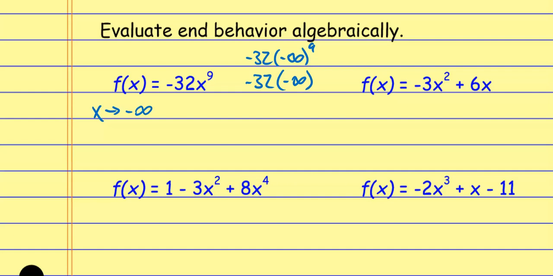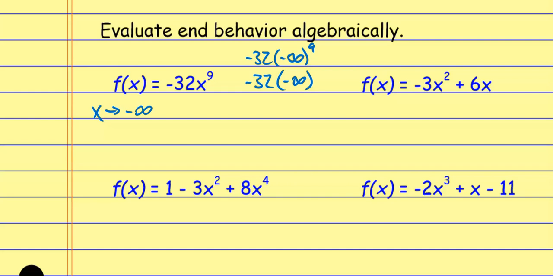And now right here, once again, negative times a negative, we know that's a positive. With infinity, it works the same way. It's going to be a positive infinity, but think about it. If I have bigger and bigger negative values and I plug those in, negative 1 times negative 32 is a positive 32. Let's go closer to negative infinity. Negative 2 times a negative 32 is a positive 64. And see, if I plug in bigger and bigger negative values, times the negative 32 gives me a bigger and bigger positive value in the end.